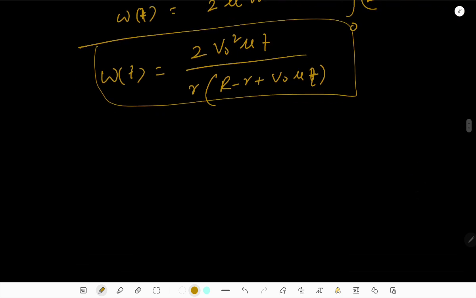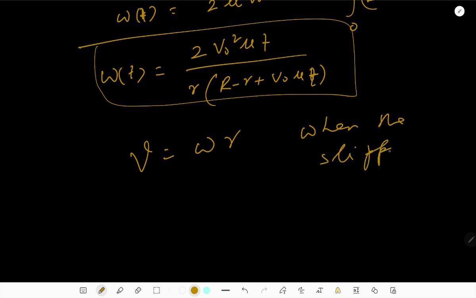You found your v and omega, go and put there v equals omega times r, when the rolling starts, when the slipping ceases, and you will get the value of time.